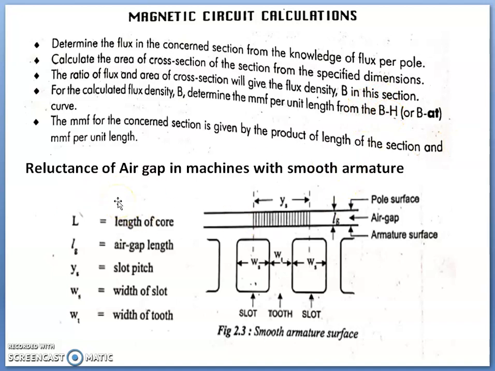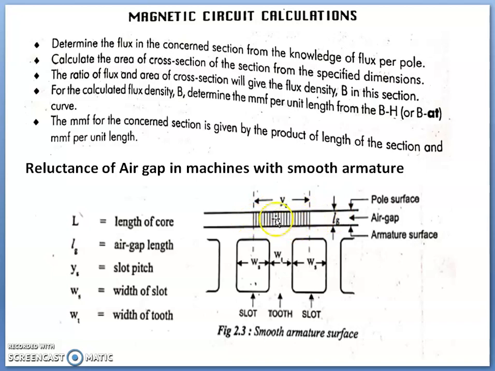To calculate the flux in the magnetic circuit, you have to calculate the reluctance in the particular machine. The air gap flux is responsible for energy conversion in electrical rotating machines. The flux available in the air gap is what we have to calculate, because it is responsible for energy conversion in all energy conversion devices.